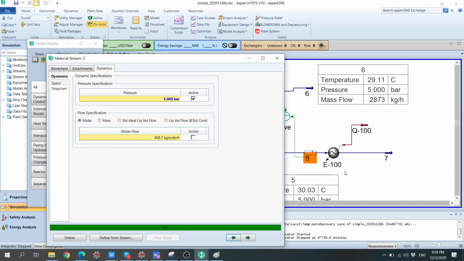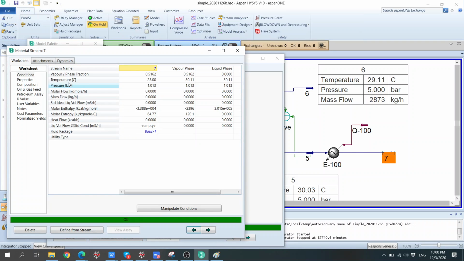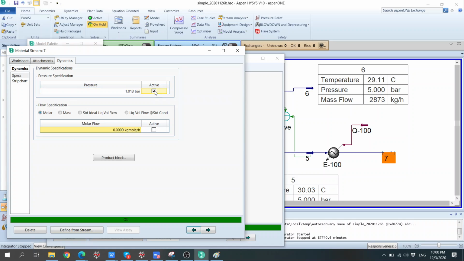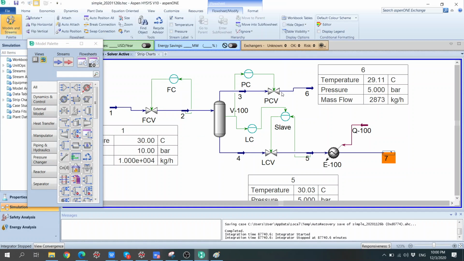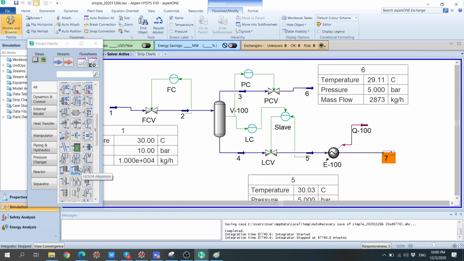In this particular case, because we extend the boundary, this is no longer active. What we need to make active is this pressure. So this pressure, we can make it like a 3 or 5, 4, maybe 4.5, just to see. If we want to specify half a bar to the heat exchanger, we can make it like 4.5, for example. And then we add a controller.